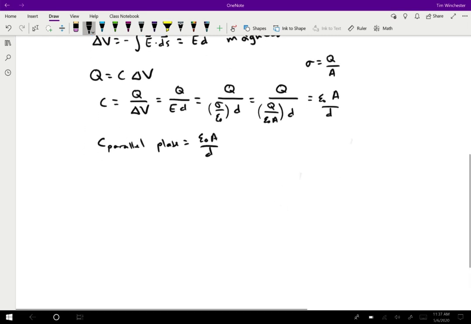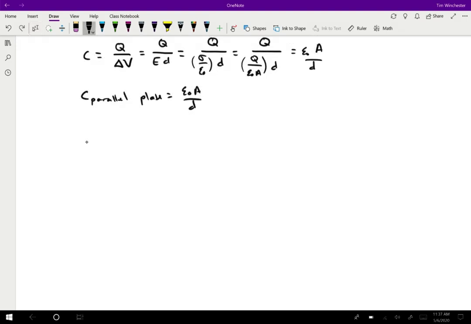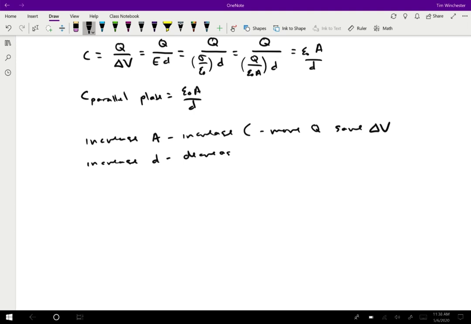Now, making sense of this relationship for the parallel plate capacitor, if we increase the area of the plates, then that's going to increase the capacitance. Remember, what that means is we get more charge for the same delta V. If we increase the distance between the plates, then that will decrease the capacitance.